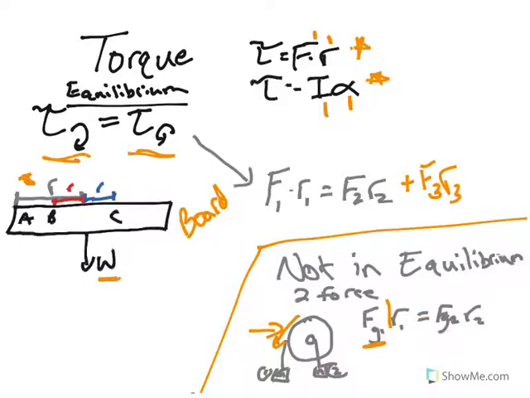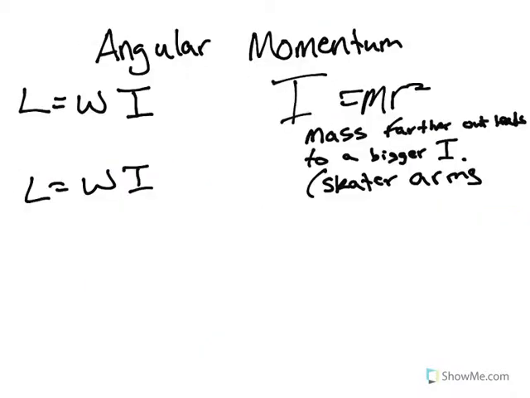Since R1 has the bigger radius, it's going to make this torque greater than this torque. So it will turn in the direction of M1. So that's torque.